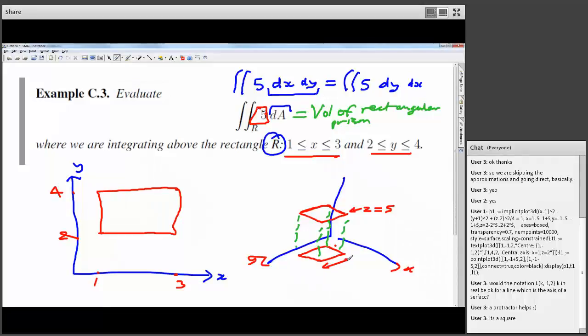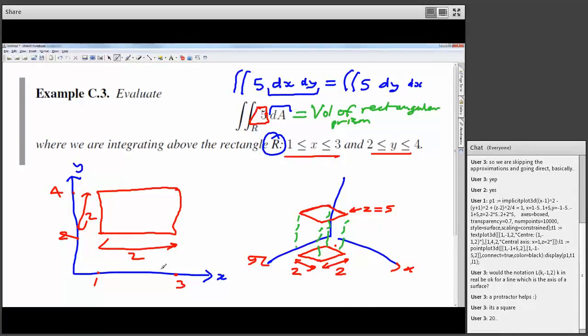To work out the volume of a rectangular prism, please type in the answer you reckon it is. You need to know the length of all the sides. The lengths of the sides here are 2 and 2, which are probably easier done in the 2D version. You know the height's 5, so the volume is going to be length times breadth times height, which someone has correctly said, thank you, is 20.